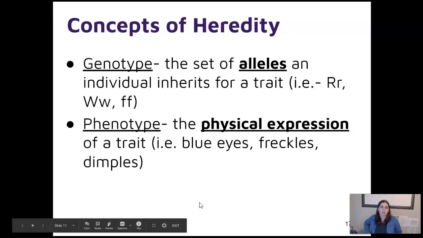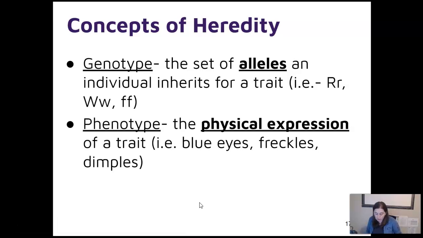All right, concepts of heredity. Genotypes are the set of alleles an individual inherits for a trait. So that would be your big R, your big W, your big T, little f, those things. Your phenotype, though, and hopefully you remember this from last week's vocab, is the physical expression of a trait. So let's say you have freckles, that might be little f.